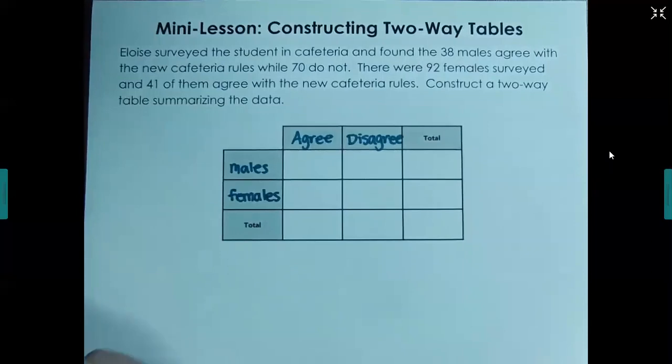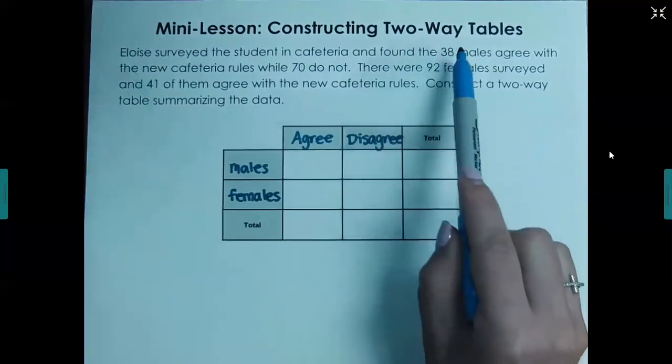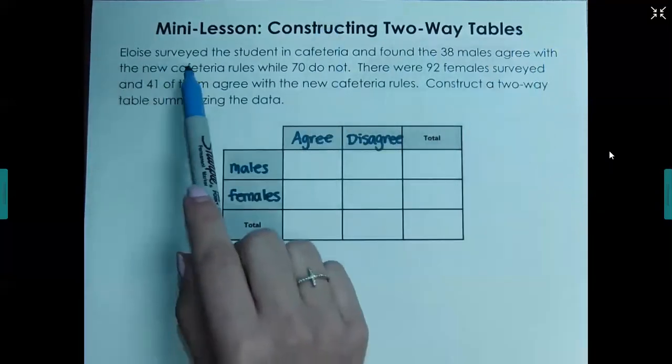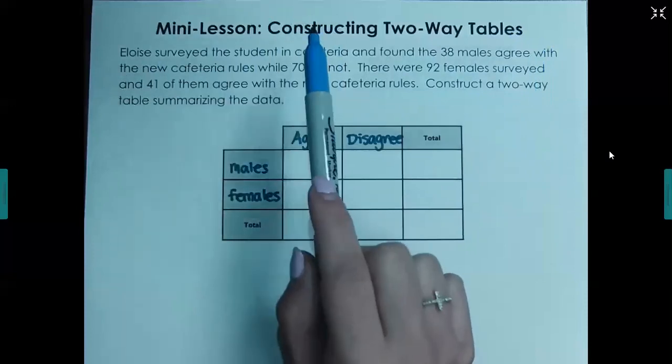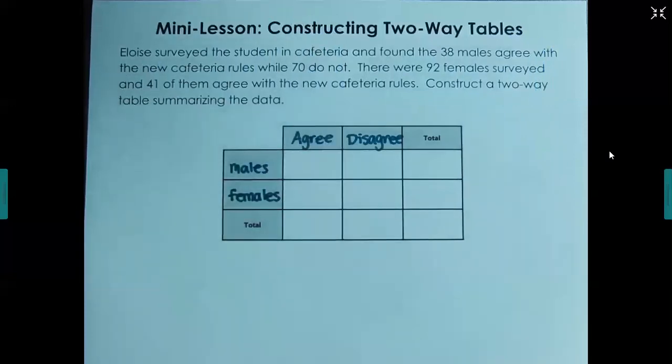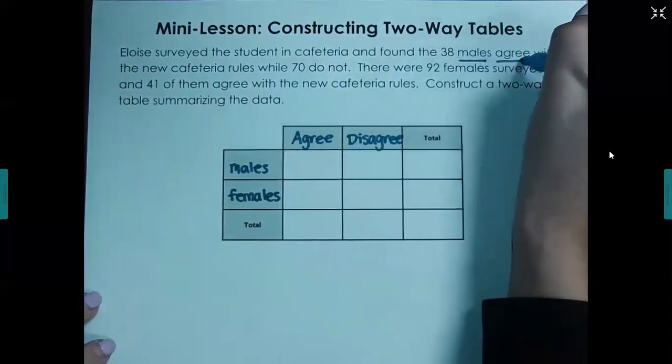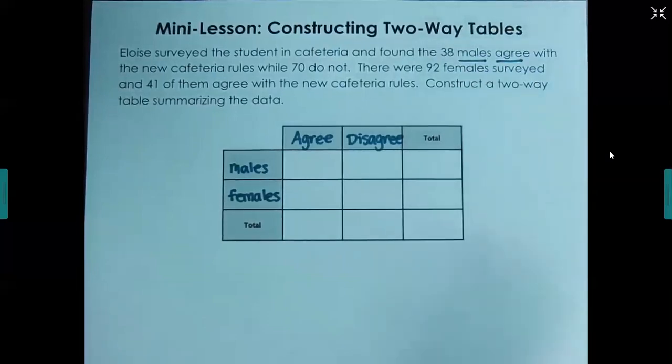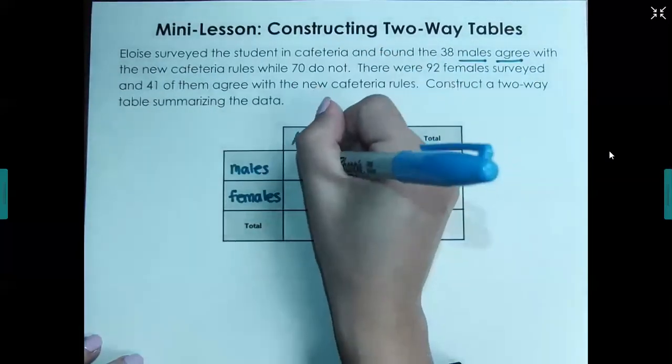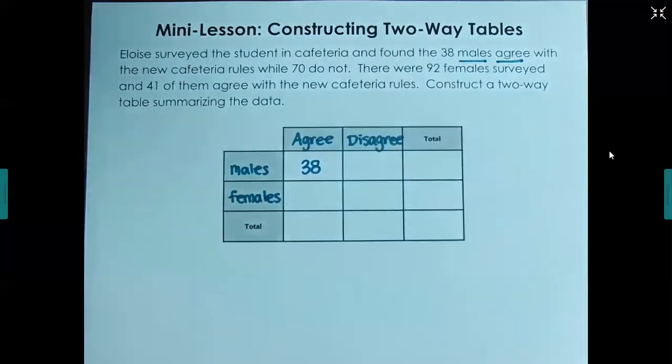So looking at this, the first thing says that they found the 38 males agree with the new cafeteria rules, while 70 do not. So it didn't tell me the total number of males, it told me some specific categories. 38 males agree. So notice there's the two categories in that scenario. I'm going to go ahead and fill that part in my table.